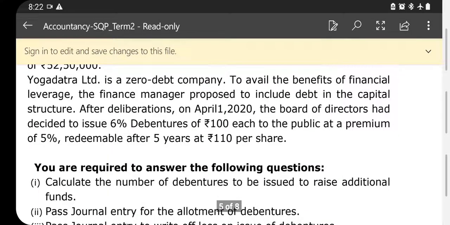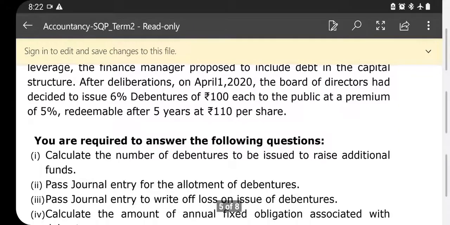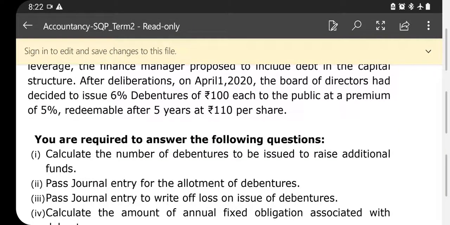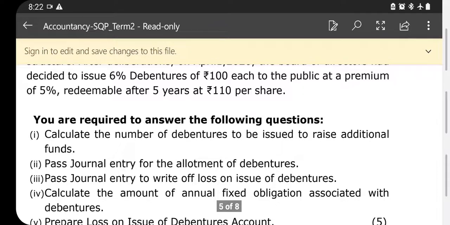To avail the benefits of the financial leverage, the finance manager proposed to include a debt in the capital structure. After deliberations on April 1st, 2020, the board of directors had decided to issue 6% debentures of 100 rupees each to the public at a premium of 5%, redeemable after 5 years at 110 rupees per debenture.